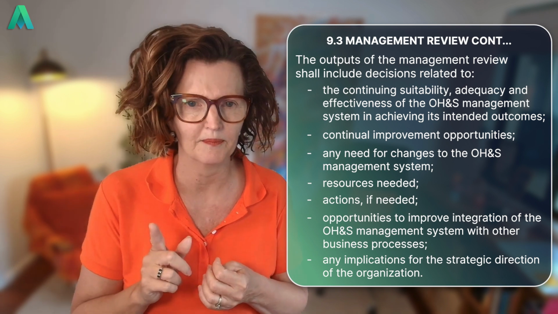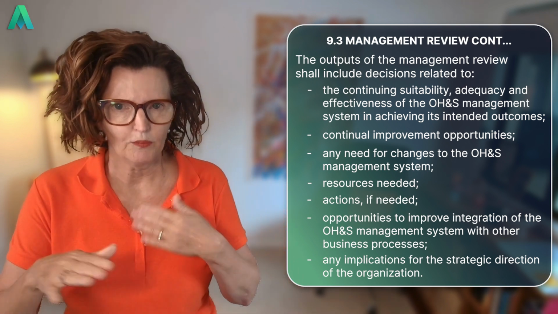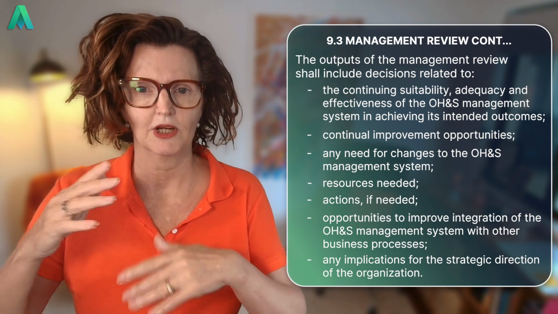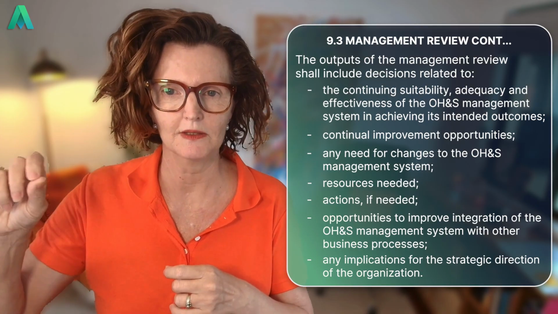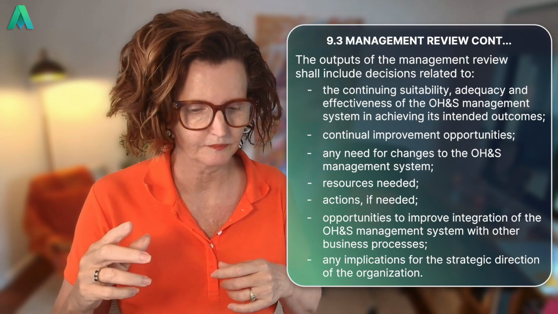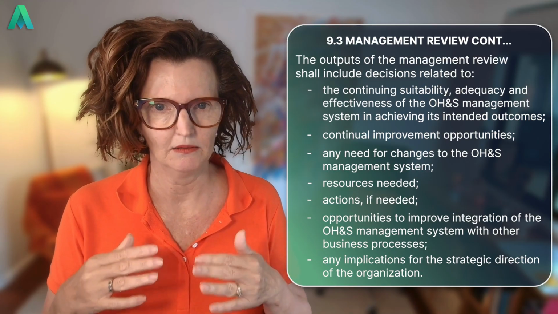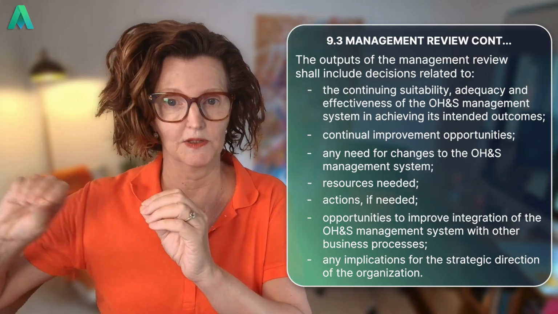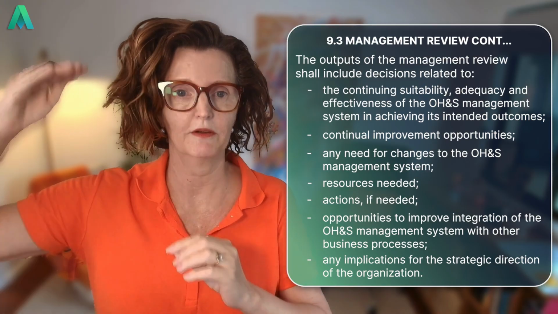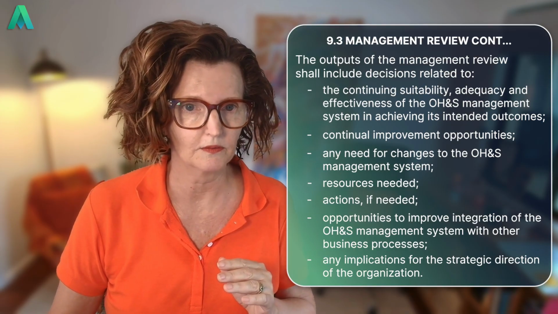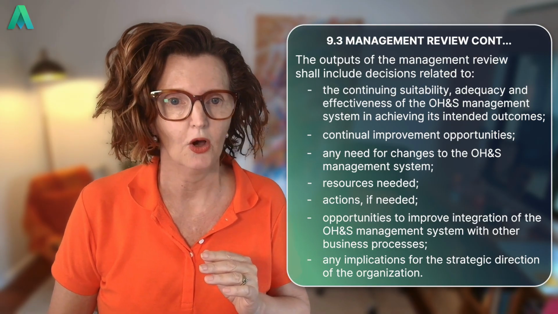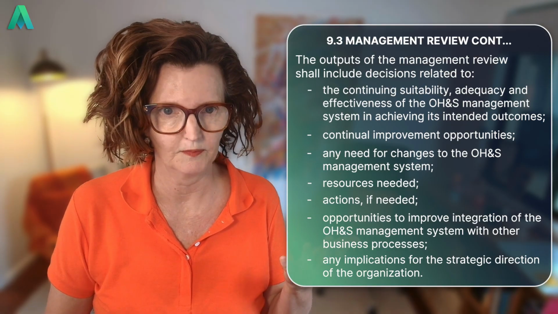Okay, I'll stop there. So the outputs shall include decisions related to. So just to recap on that. So what I'm expecting is to see some decisions made after we've reviewed all of those, A through to G, all of those inputs, all right?